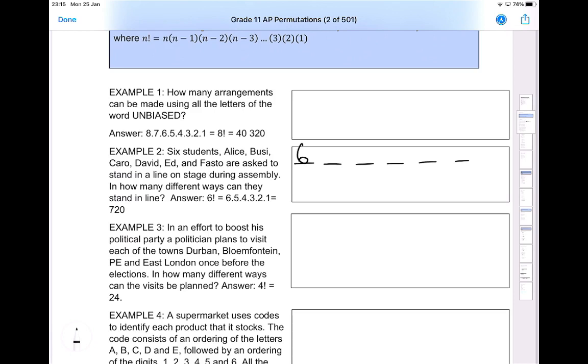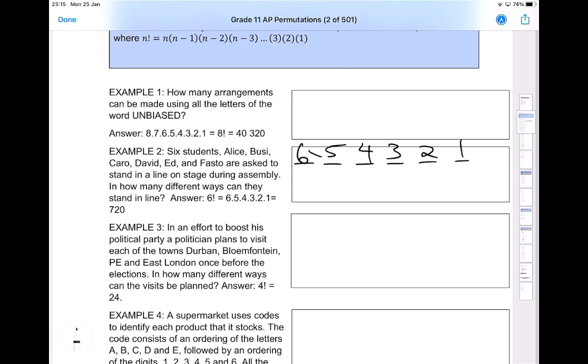Now that the first person is standing in the first position, there are 5 people left. Any one of those 5 can fill up the second position, so the second position can be filled in 5 different ways. The third position will be filled in 4 different ways. The fourth one in 3 different ways, that one there in 2 different ways, and that one there in 1 way.